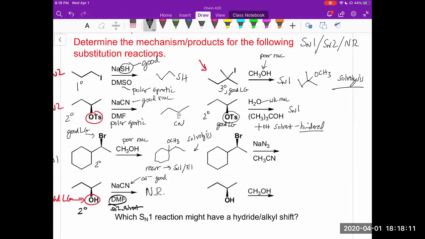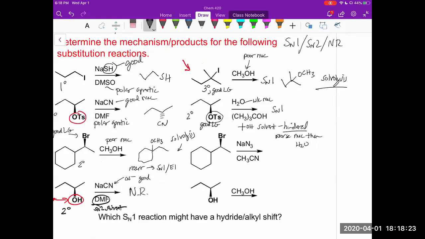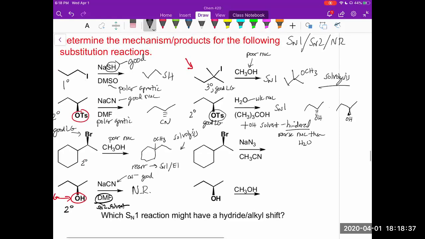It's going to be not such a great nucleophile. It's going to be a worse one than water, which isn't hindered. And so water's going to have an easier time attacking. If it's SN1, we're going to have OH going back, but you get a mixture of enantiomers, get OH going forward too. We get both.